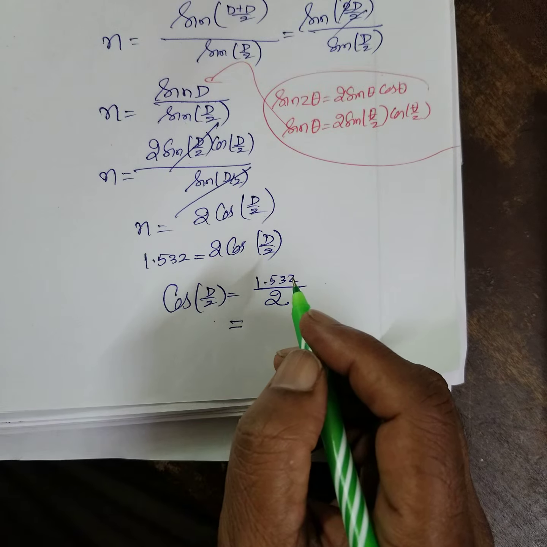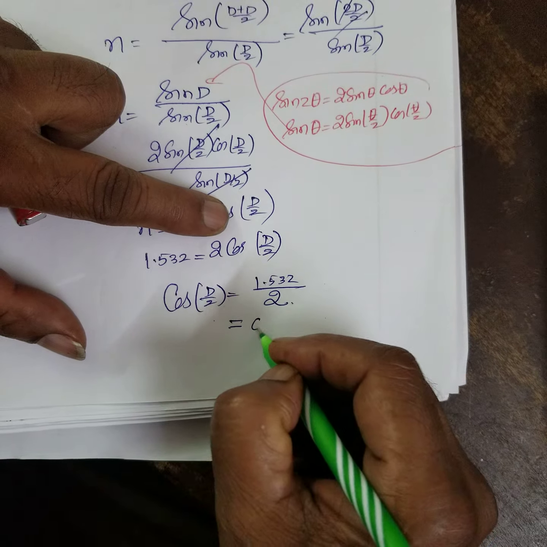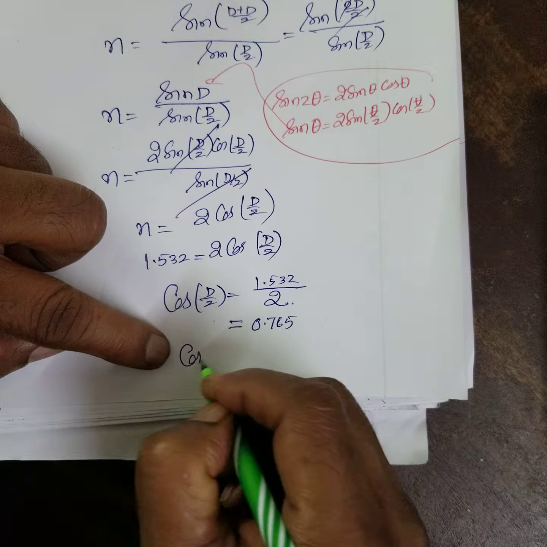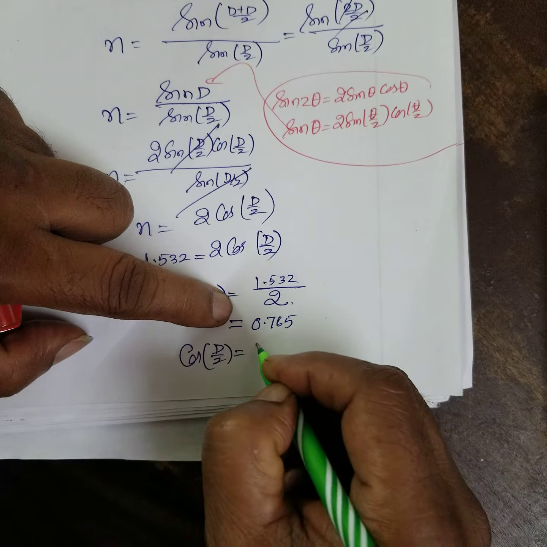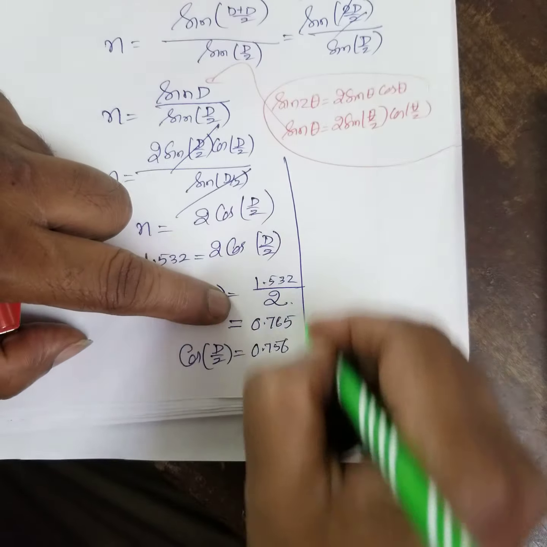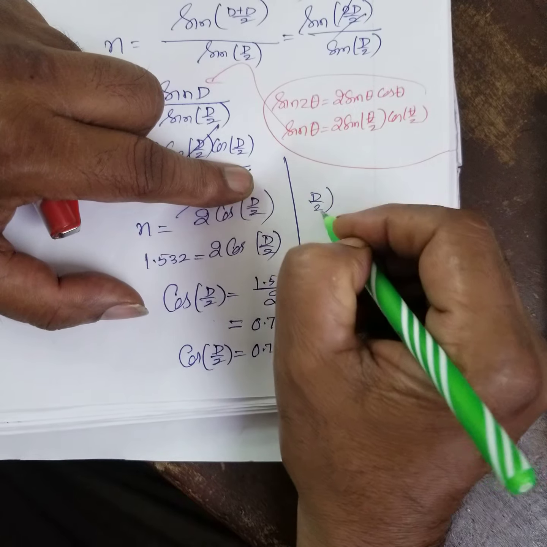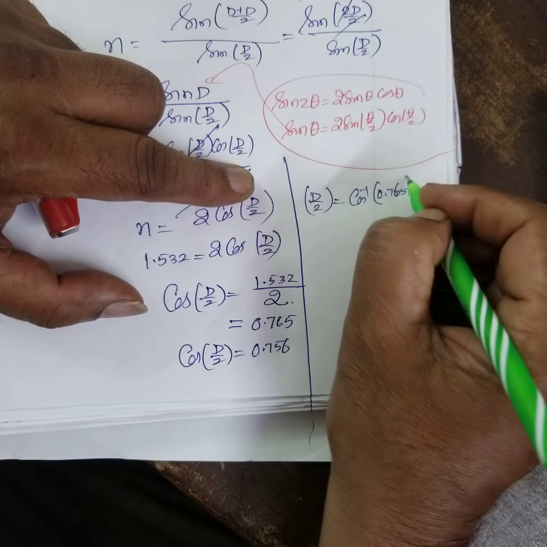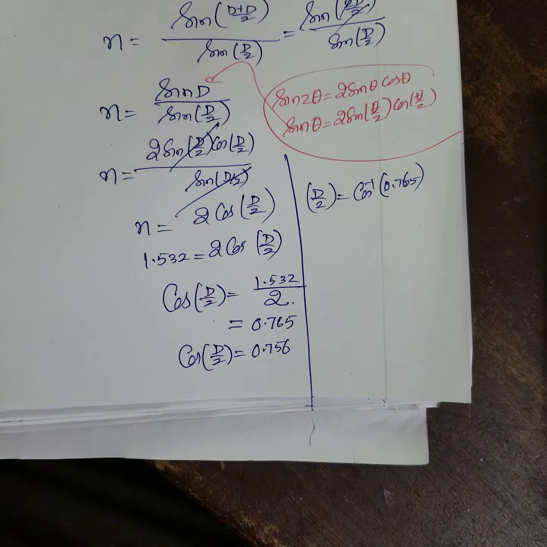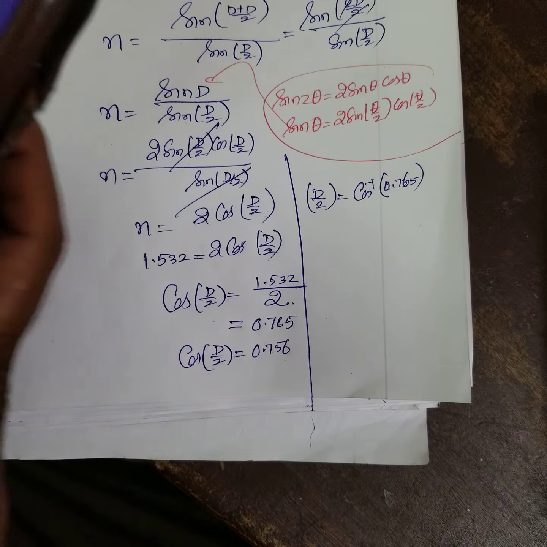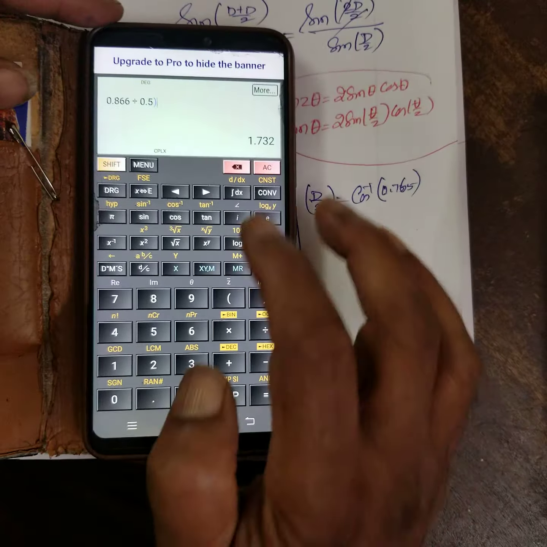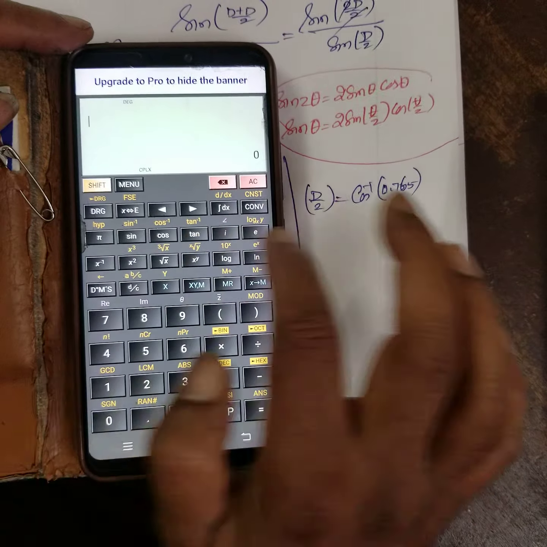Then use a calculator. If you use it, you get the direct value 0.765. Therefore, cos D by 2 is equal to 0.765. Therefore, D by 2 is cos inverse of 0.765.